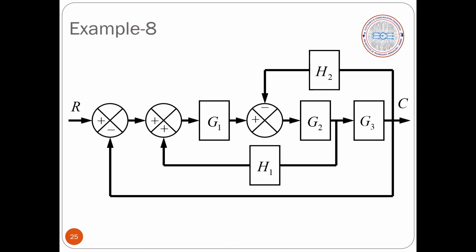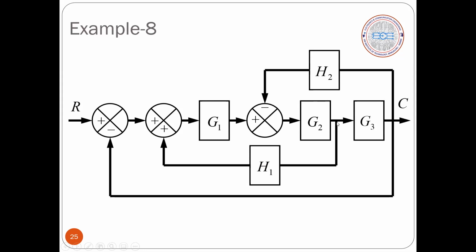Next example. We have a block diagram, and here you have to simplify this to one single block, following the reduction technique which we have discussed previously. So what are we trying to do here? There are many ways of reducing this. You can move this takeoff point ahead of this block.